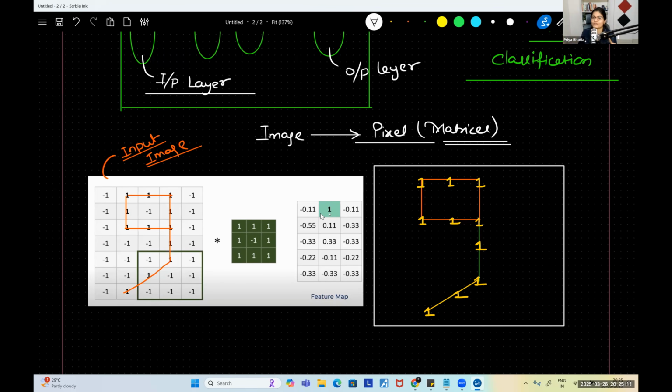The model will apply maths internally to detect that it is 9, which we have not covered yet and will cover in today's class. But first of all, you have to understand that this is 9. That's why I tried to merge the lines and show you why I am saying that this is 9. Is this clear? Shall we move ahead now? Is everyone okay so far?